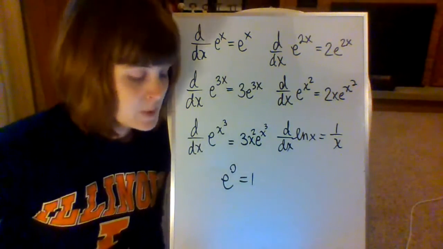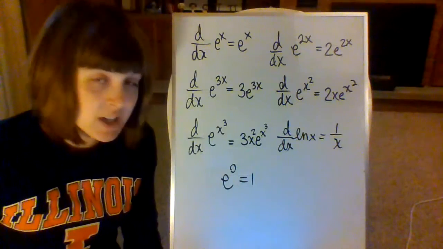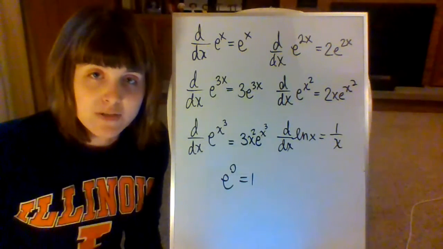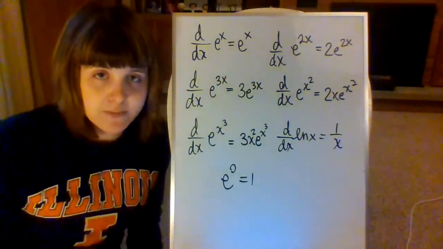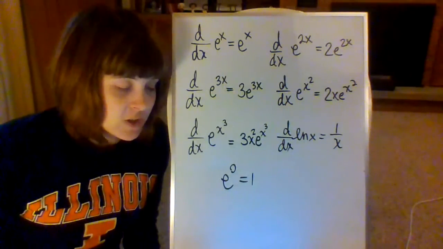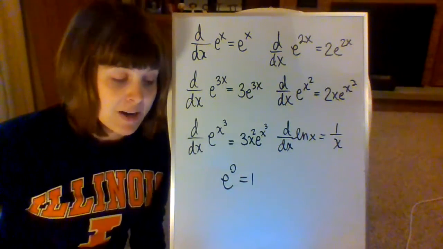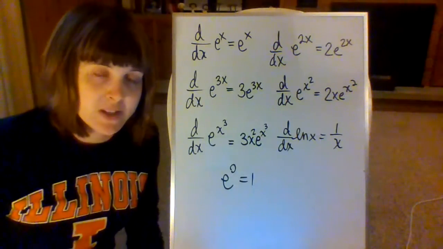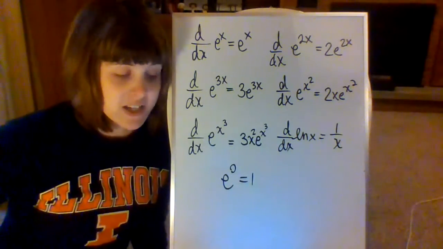Okay? Alright, so now that we have talked about all of these things, or you've seen them here, we're going to go to example 1, and we're going to be talking about indeterminate forms still. That's the reason why L'Hopital's rule exists.